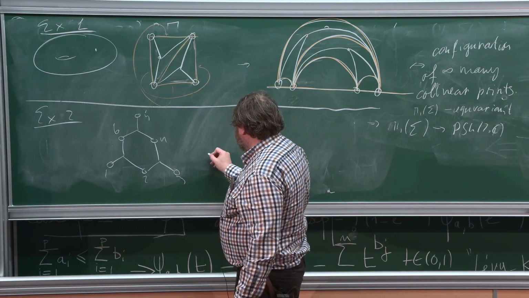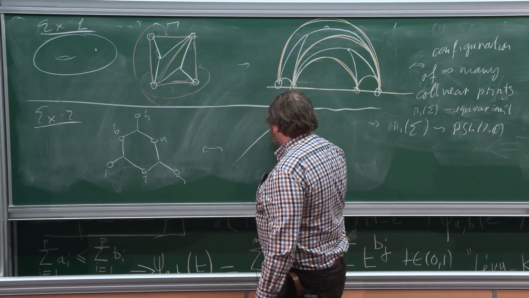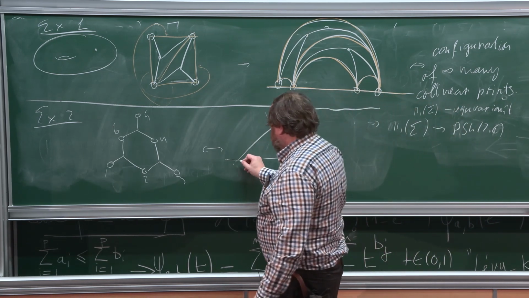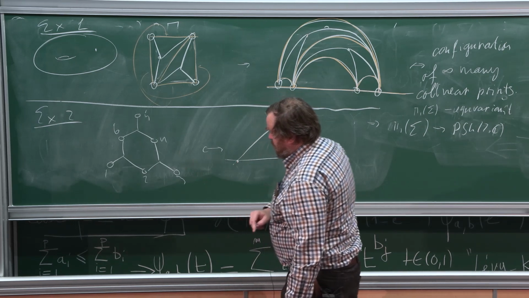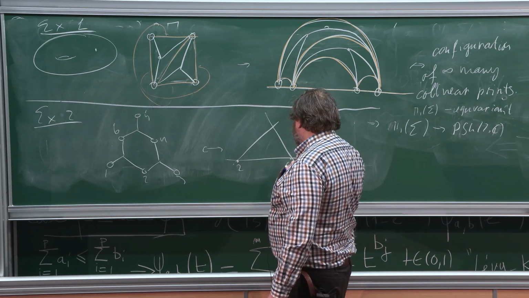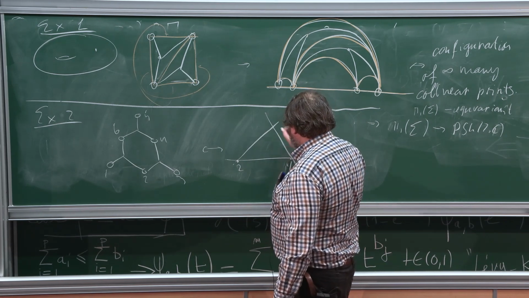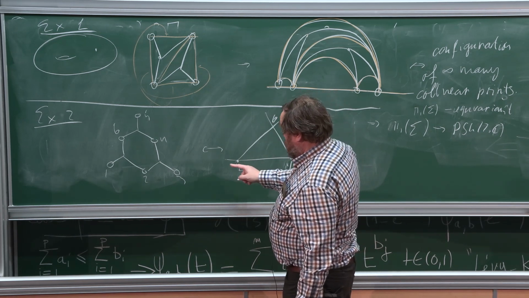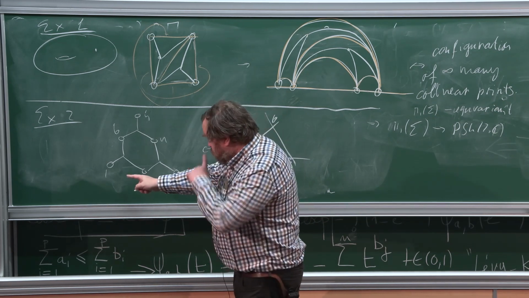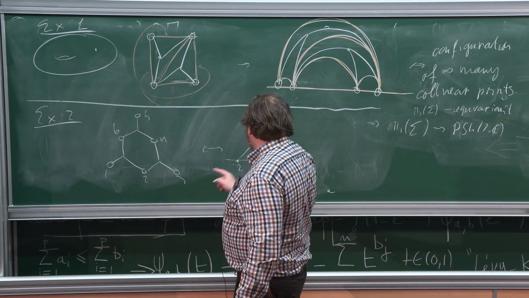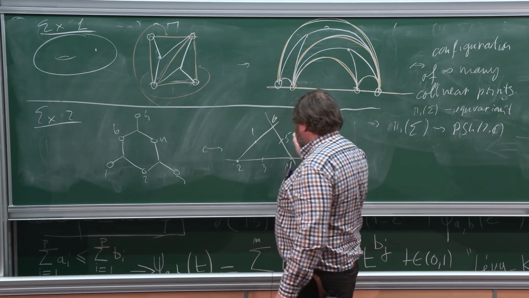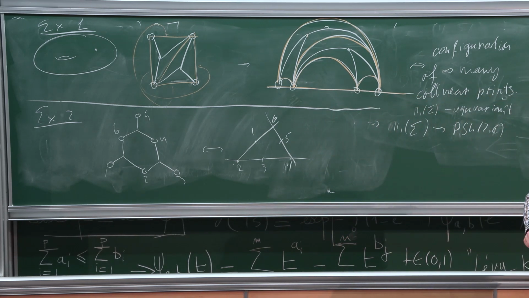But I claim that this corresponds to just 6 points with three collinear: 2, 4, 6, and then, sorry, maybe the other way around, 1 is collinear with 3 and 5.